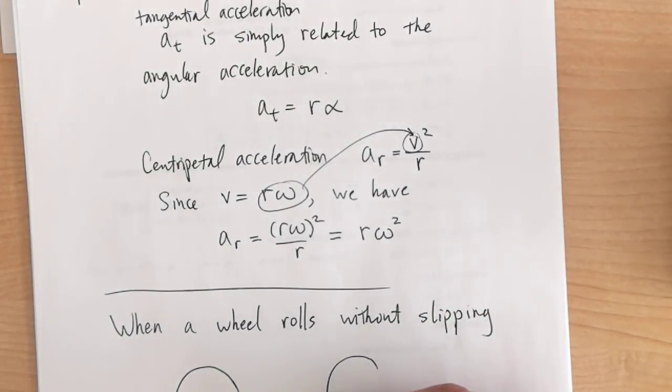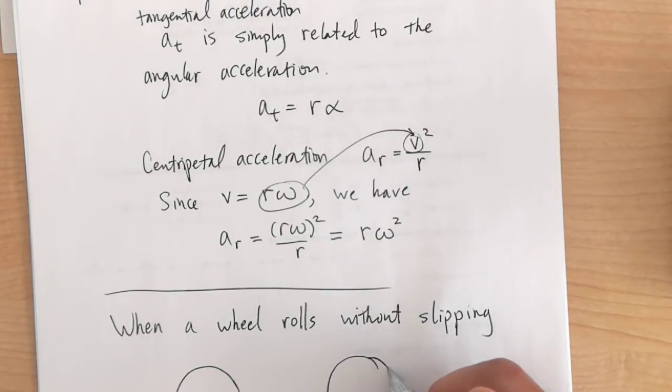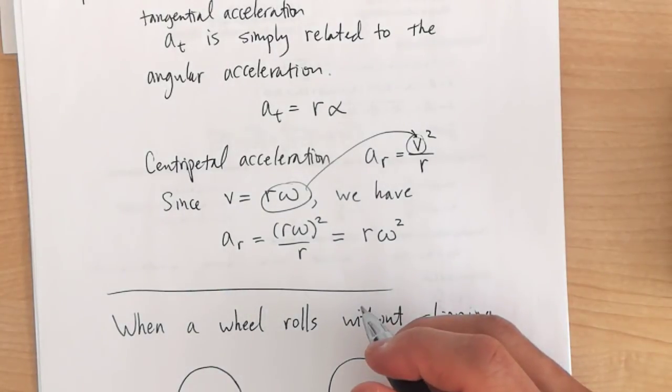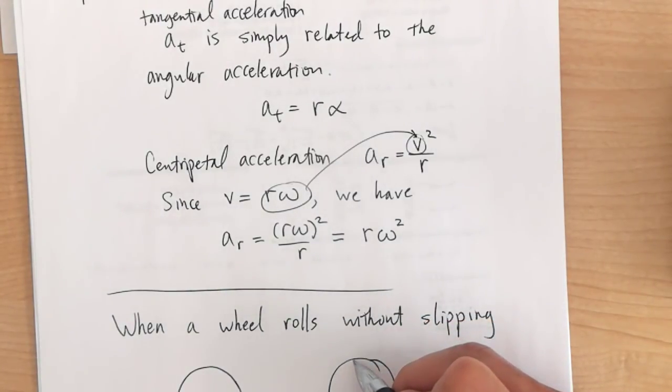Okay, so now I have the wheel at a later time. And let's imagine that there's paint on this surface here, and so as the wheel rolls on this paint, you'll notice that it will actually get paint on some section of the wheel rim.